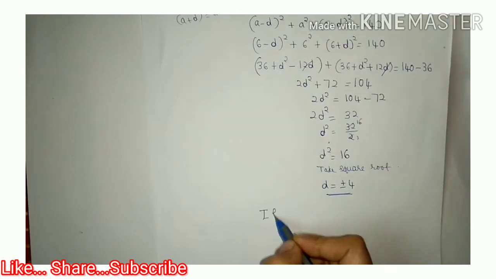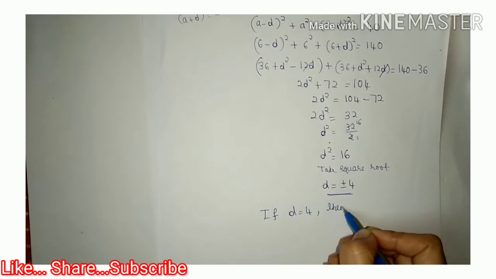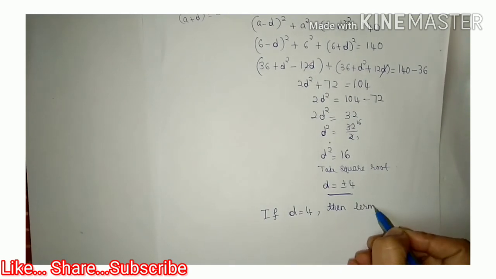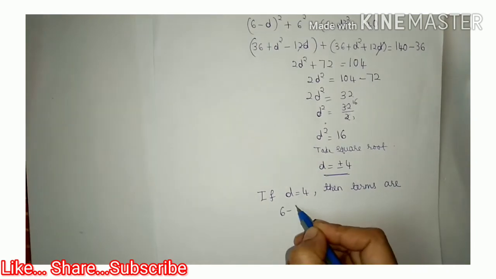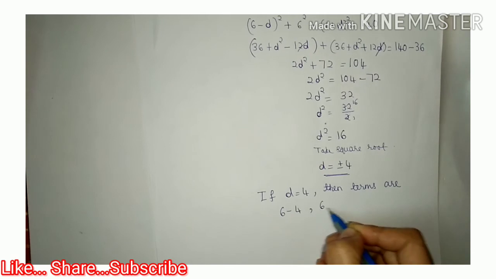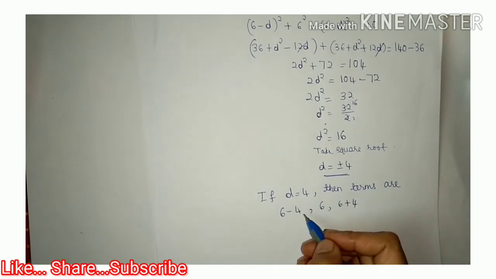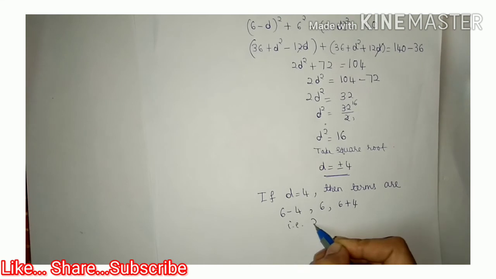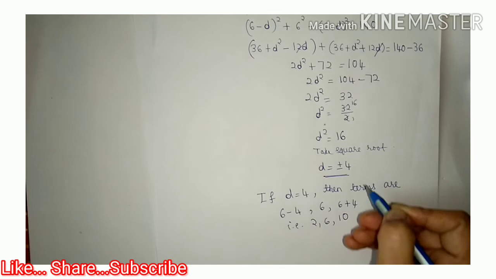If D is equal to plus 4, then the terms are A minus D, 6 minus 4, 2; A, 6; A plus D, 6 plus 4, 10.